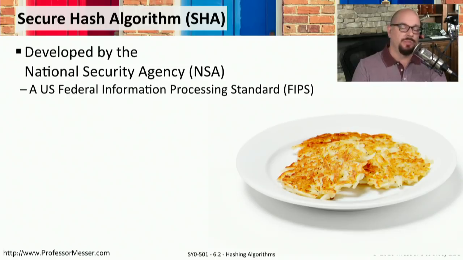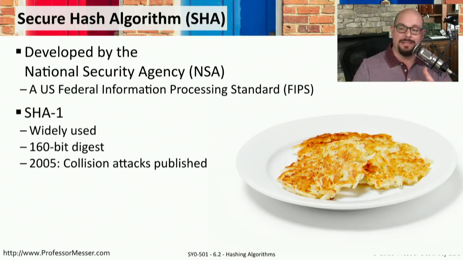This was one that was created by the NSA, the National Security Agency of the United States. This is part of a very common standard with security in the U.S. called FIPS, the Federal Information Processing Standard. You'll very commonly see that the security devices that you would acquire as part of the federal government must be FIPS compliant. It must be a device that has gone through FIPS testing.